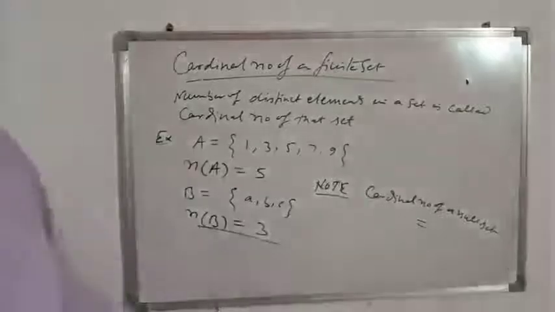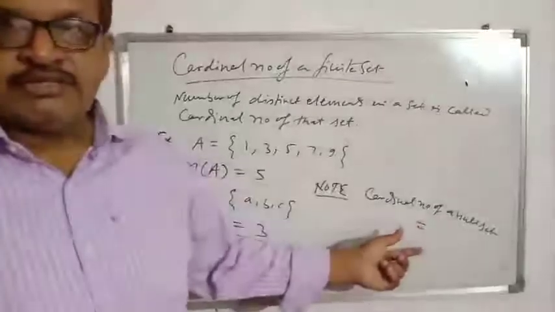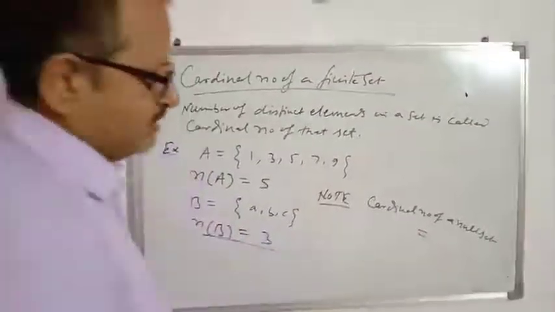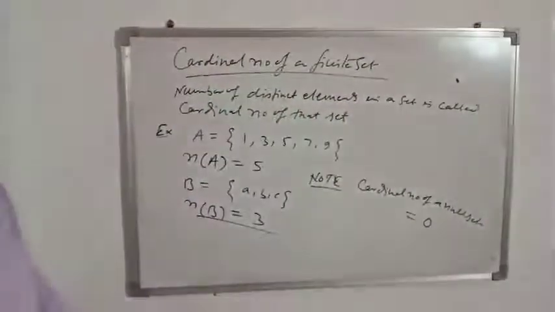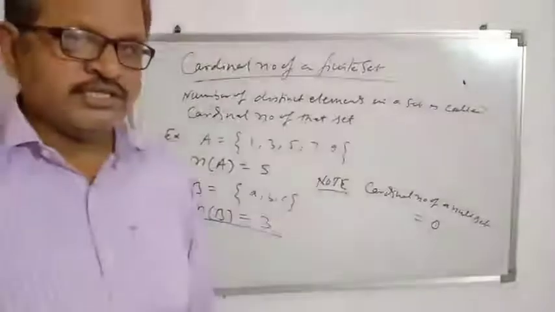We know that null set has no elements, so cardinal number of null set will be what? 0. Null set contains no element, so cardinal number of null set is 0.